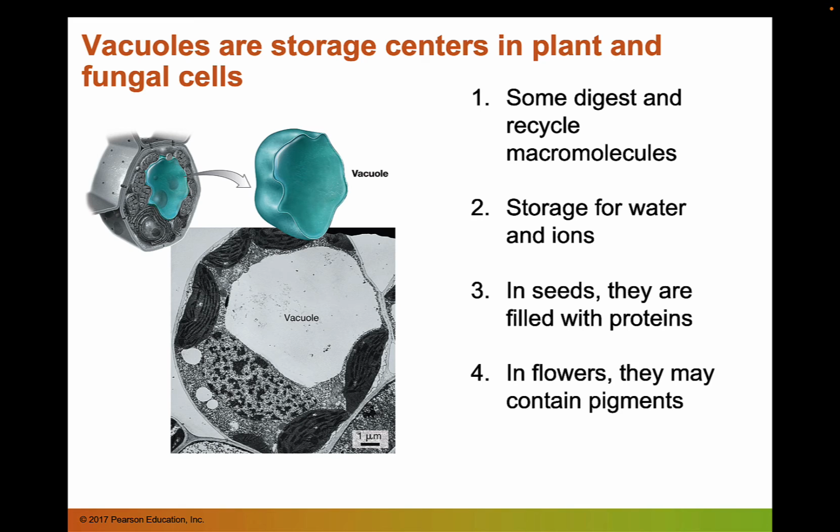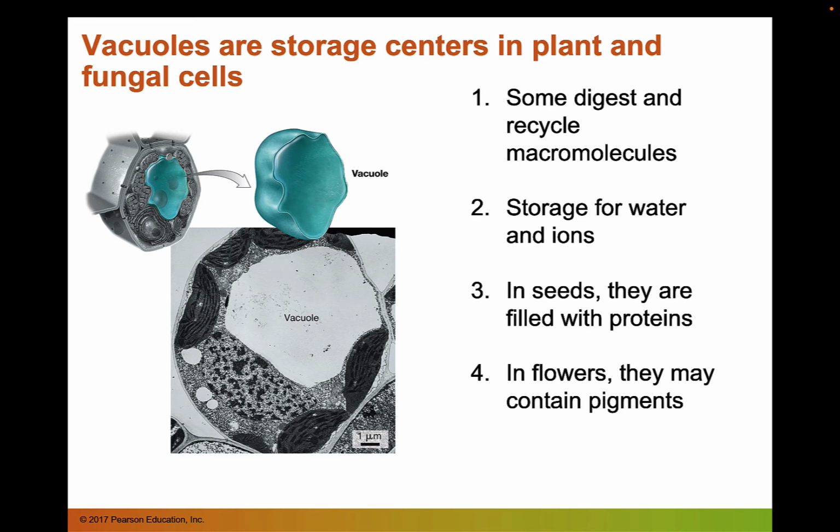The next organelle I'll talk about is specifically just in plants and fungal cells. So we don't tend to have these large vacuoles in our cells, and other animals don't either. And so what vacuoles do is they digest and recycle macromolecules, and they play a really important role in the storage of water and ions.